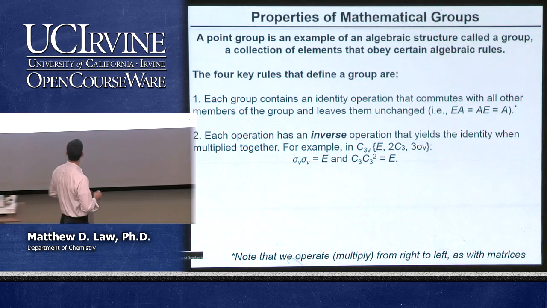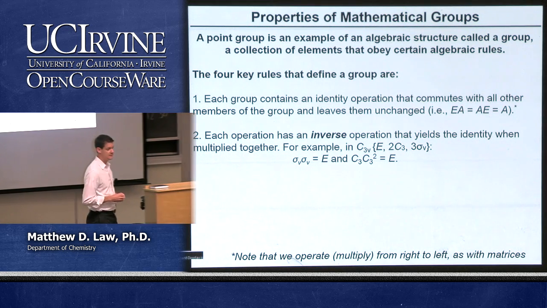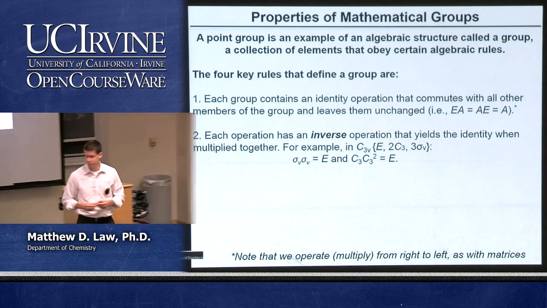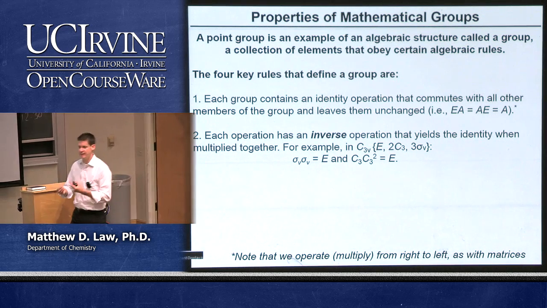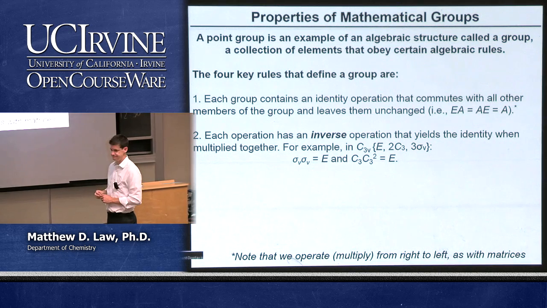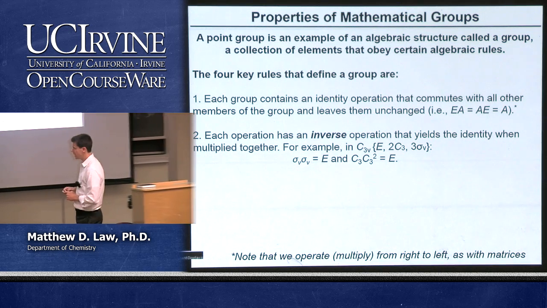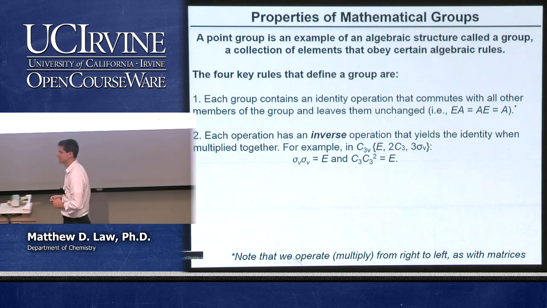The second rule of our point groups is that every operation in the set of operations in our point group has an inverse operation that, when combined with that operation, yields the identity. And when we talk about combination, we're talking about multiplication in the matrix sense.